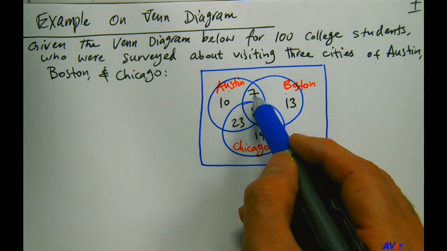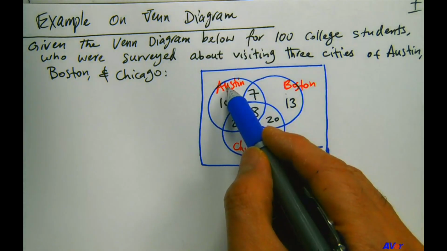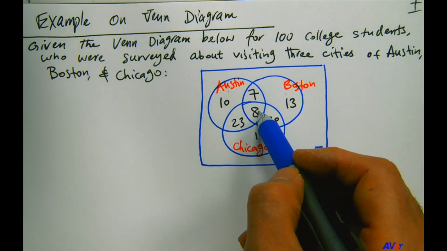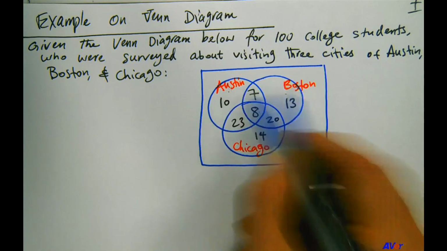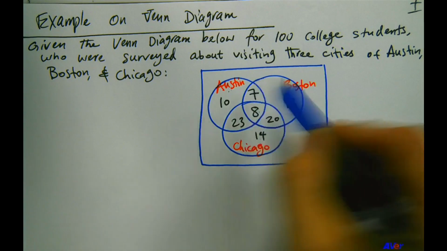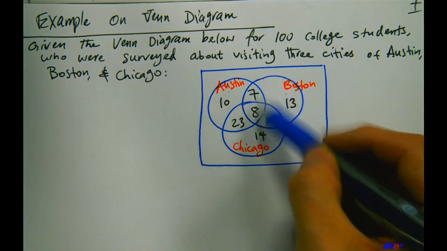Okay, so what does the number 7 represent? The 7 represents those who visited Austin and Boston, but not Chicago. Okay, not Chicago, just Austin and Boston. If I say how many people visited Austin and Boston, and I leave the words 'not Chicago' out, then you can include 7 and 8 together.